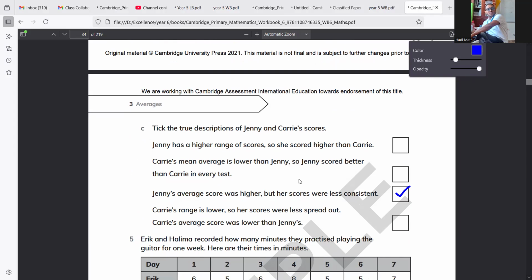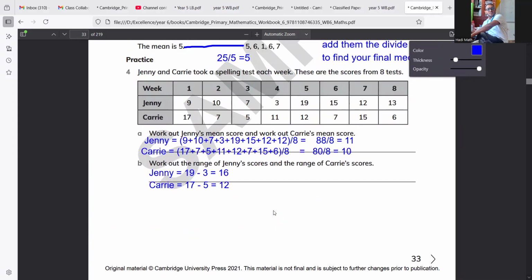They say Carrie's range is lower, so her scores were less spread out. Yes, her scores were very close to each other, more than Jenny's.